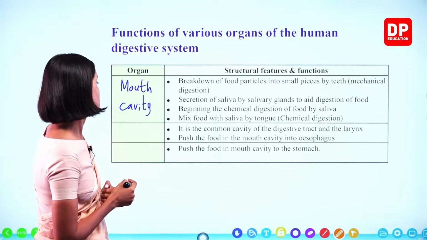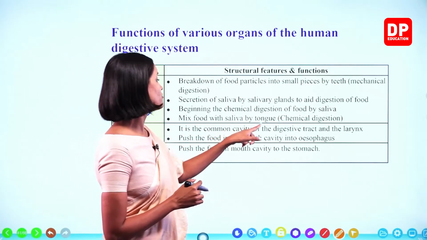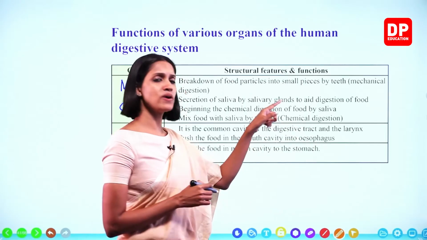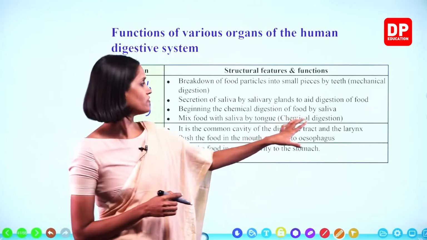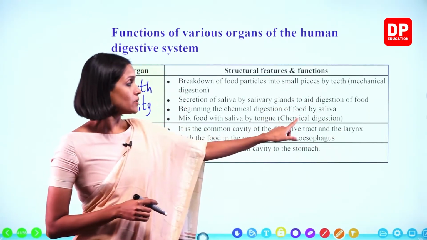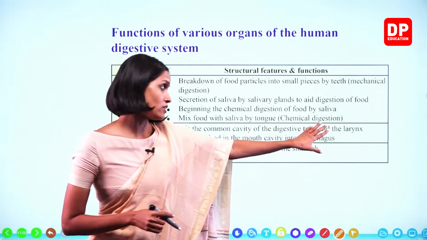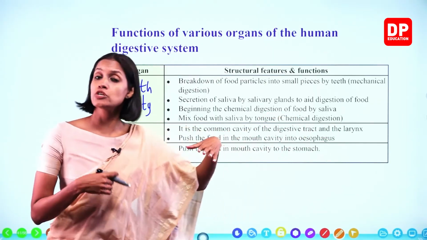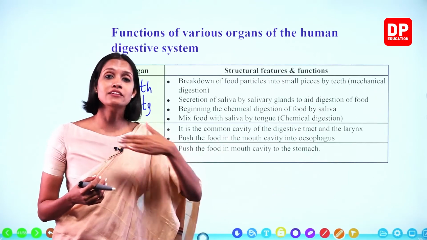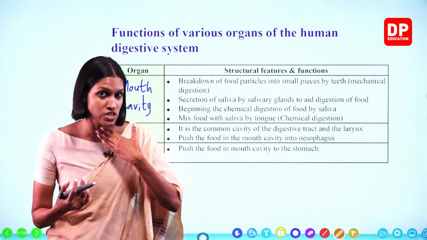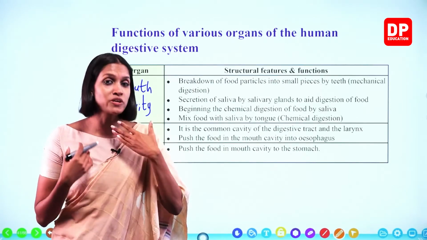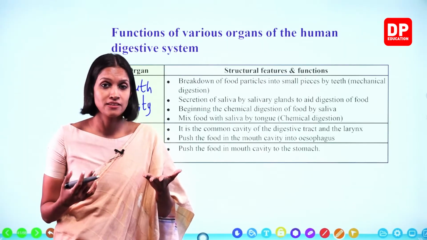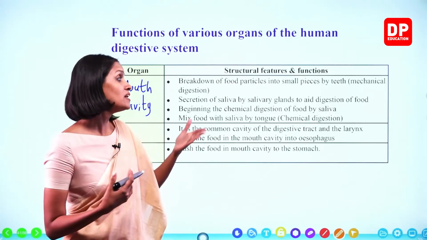Next one. It is the common cavity of the digestive tract and the larynx. What is larynx, children? Have you heard of this term, larynx? In the sound lesson also, I explained what larynx means. When you were small, you learned that in the throat, the sound box is present. The sound box produces the voice, the vocal sound, okay?